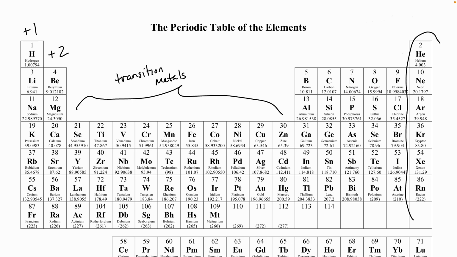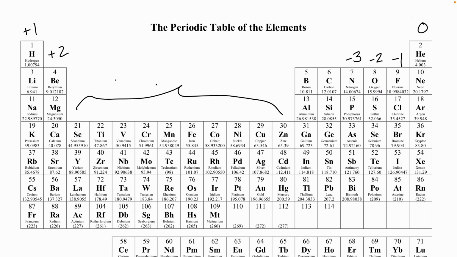Our noble gases, what type of ions do they like to form? Yeah, trick question. They don't form ions, right? They're perfectly happy the way that they are. They don't want to give up electrons. They don't want to accept electrons. So 0. What about our halogens? -1. The next column over, the chalcogens or something like that. -2, -3.